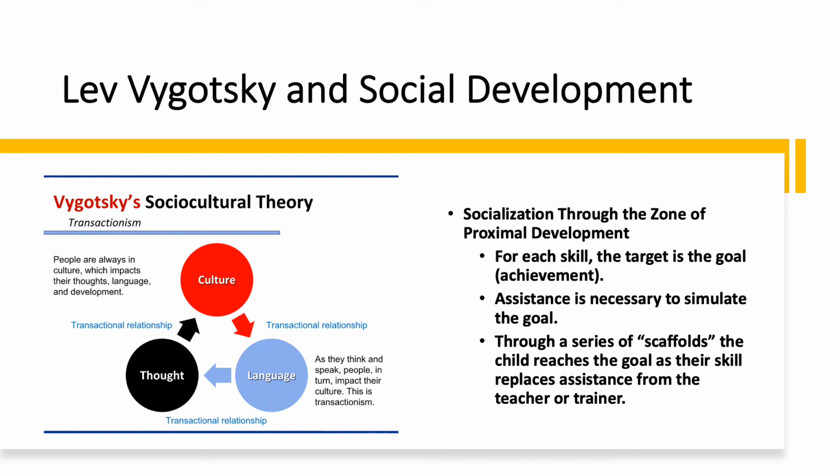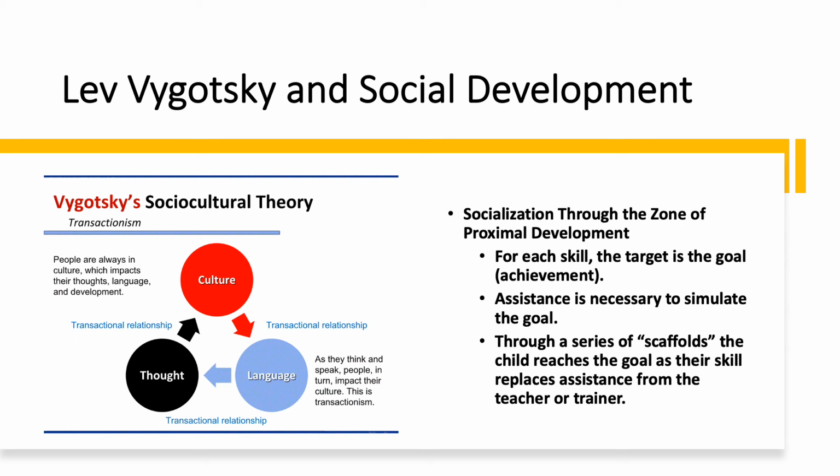Let's look at the simplest concept in social development, because we're going to be talking about Erikson and psychosocial development. But let's look at actually a simpler psychosocial development theory that was proposed by a Russian developmental psychologist named Lev Vygotsky.